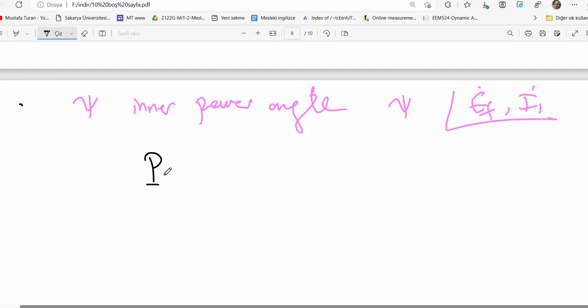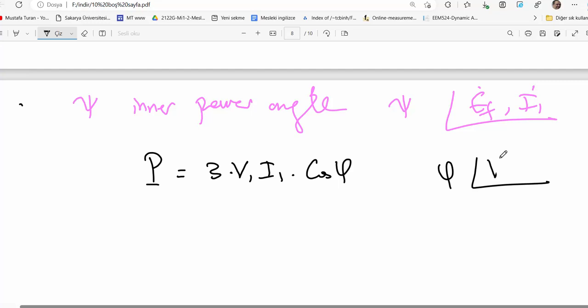Power at a terminal can be written as 3 times voltage of terminal, current at the terminal single phase, and then cosine phi. Here phi is the angle between voltage and current phasors. Here are dot products.